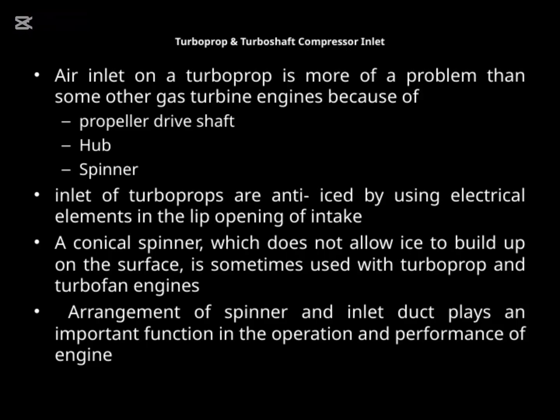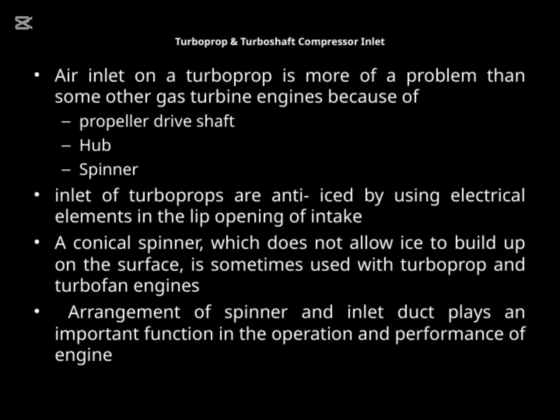Sometimes, you'll also see a conical spinner used with turboprop and turbofan engines. This shape is beneficial because it prevents ice from accumulating on the surface, ensuring smoother airflow and safer operation. Finally, I want to highlight that the arrangement of the spinner and the inlet duct isn't just about aerodynamics. It plays a vital role in the overall operation and performance of the engine.